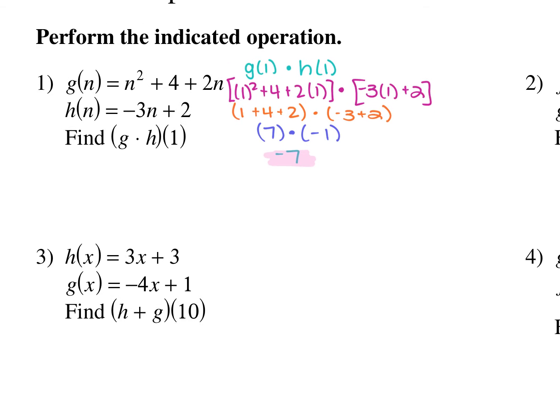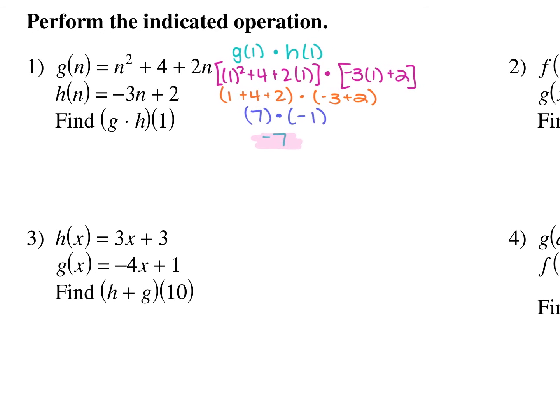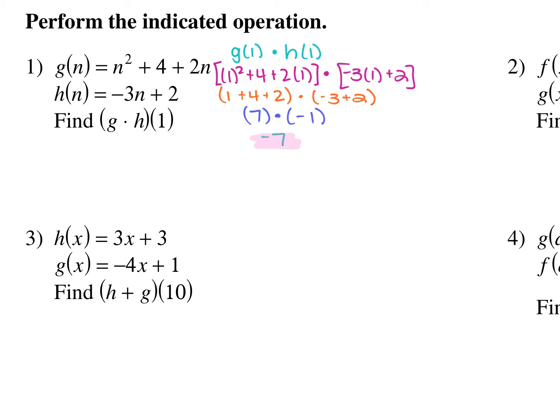For number 3, you have h of x is equal to 3x plus 3. G of x is equal to negative 4x plus 1. And you're finding h plus g of 10. So this is the same thing as saying find h of 10 plus g of 10.